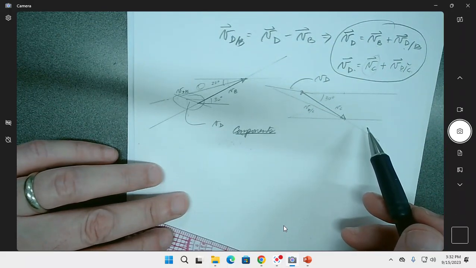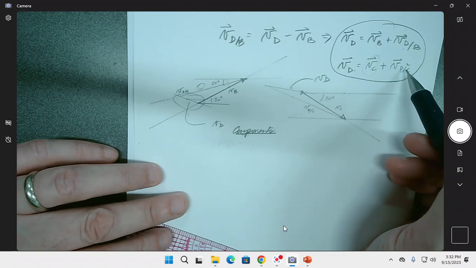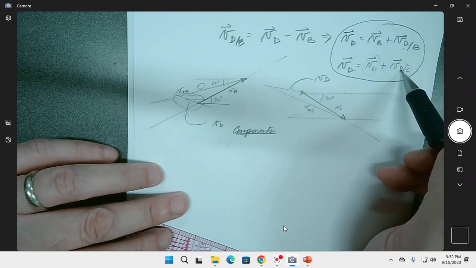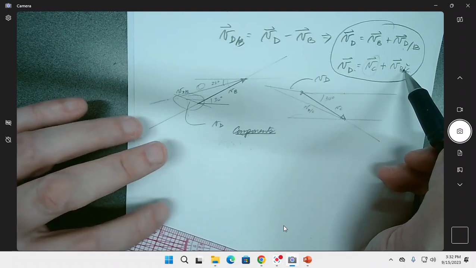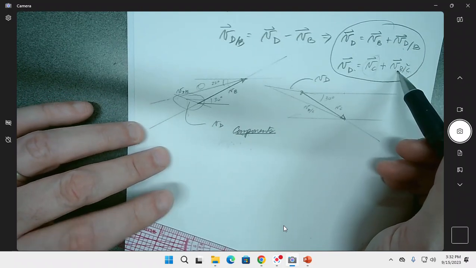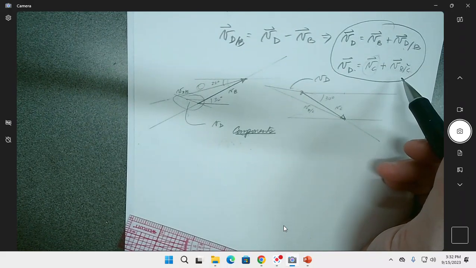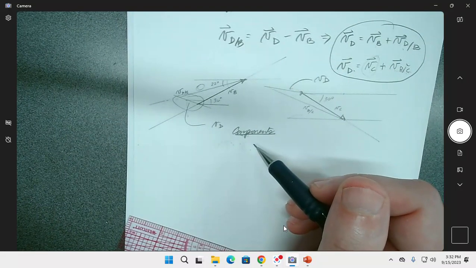So what we could do is solve for this magnitude right here. If we could solve for the magnitude of VD with respect to C, wait, they're not the same. You know what? The vertical component should be the same, though, right? No. I'm trying to see what trick is at heart. I'm trying for my aha moment. This is a challenging one.